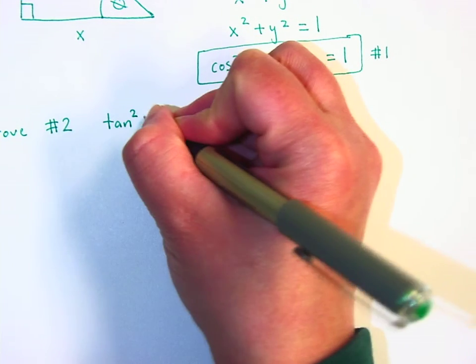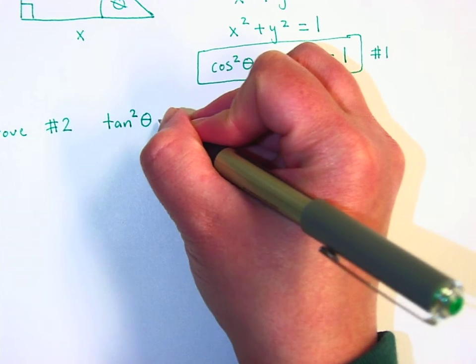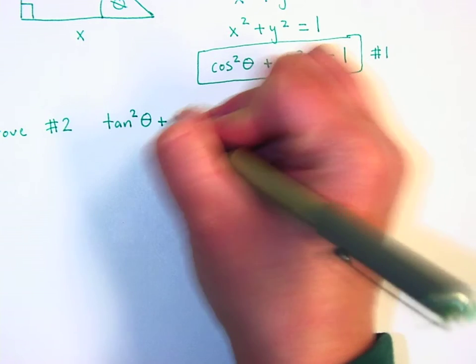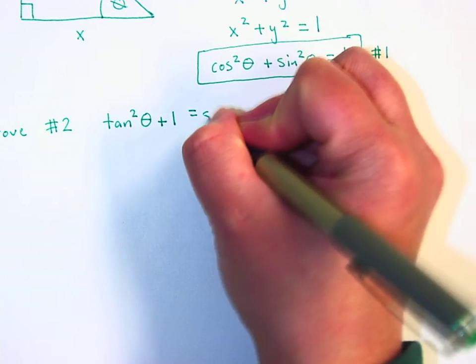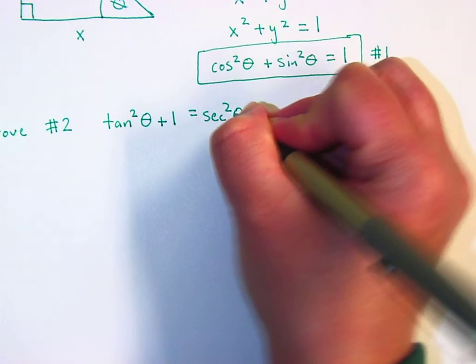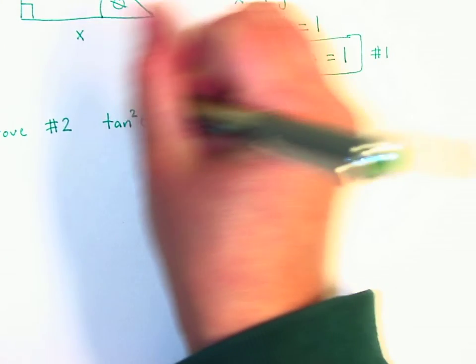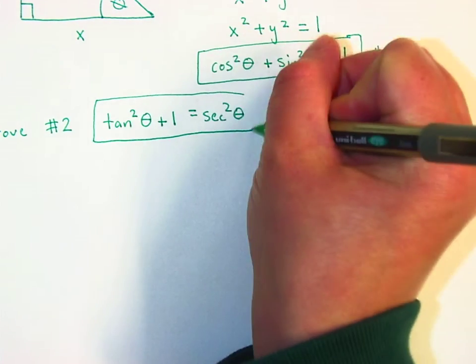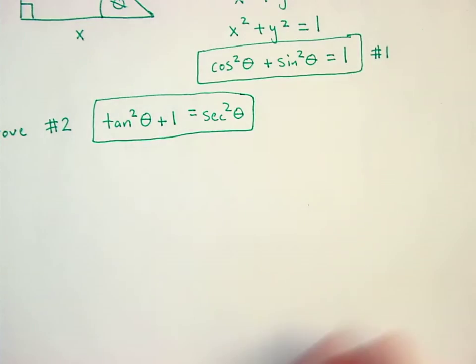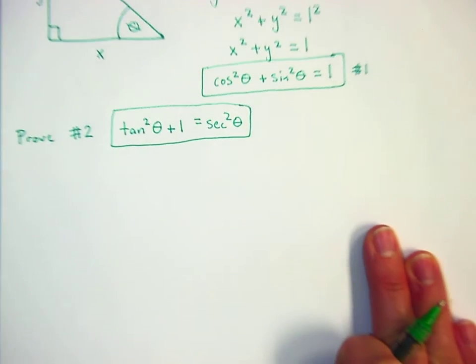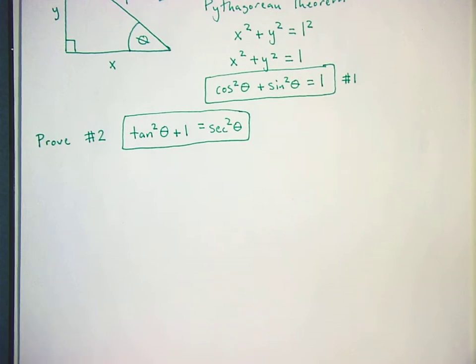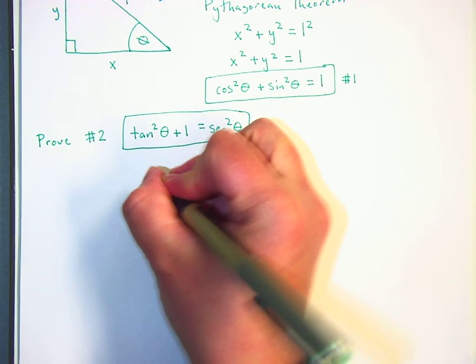The Pythagorean identity is tangent squared theta plus 1 equals secant squared theta. So this is my second one right here. I'm just going to circle it right now. And now I'm going to prove it.